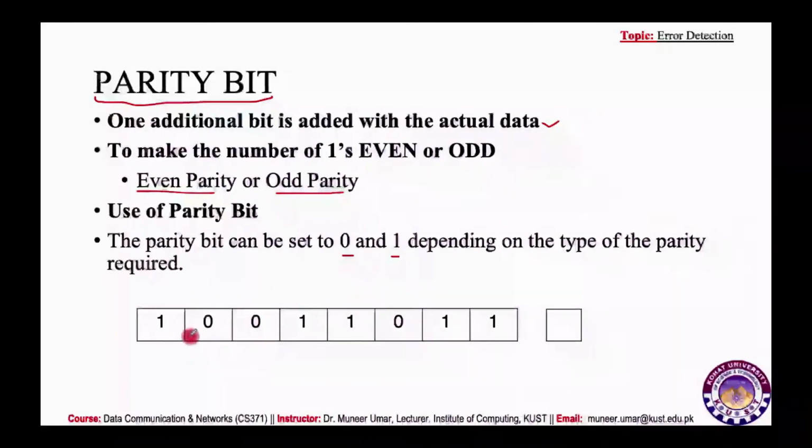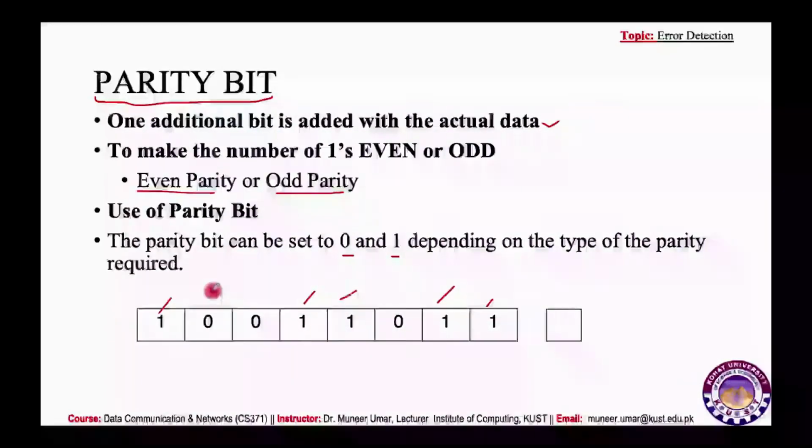Let's say for this example, we need even parity. So here we have 1, 2, 3, 4, 5 ones. So we must make these ones even. So here we should provide 1 as an additional bit.